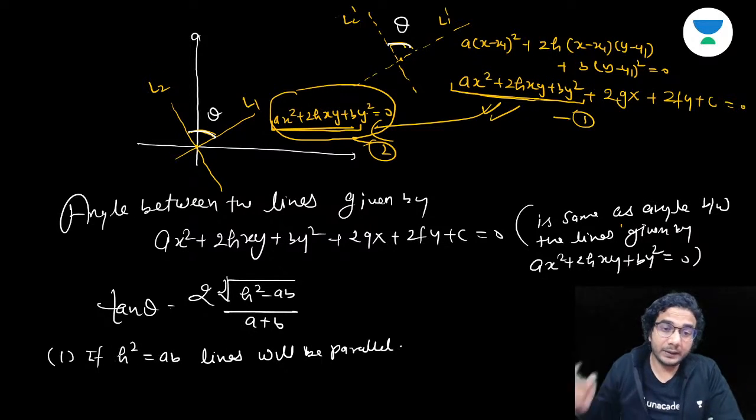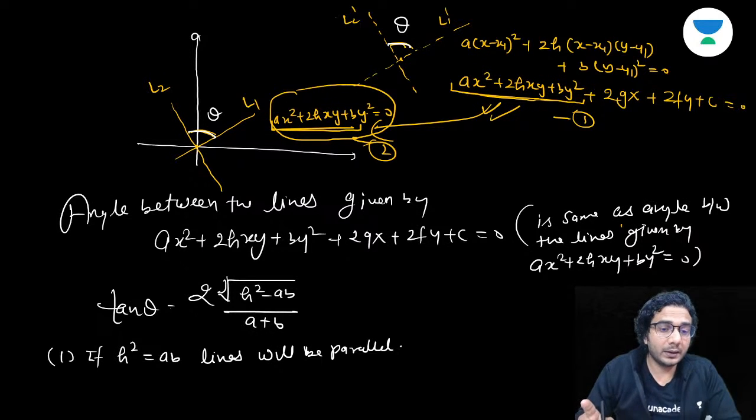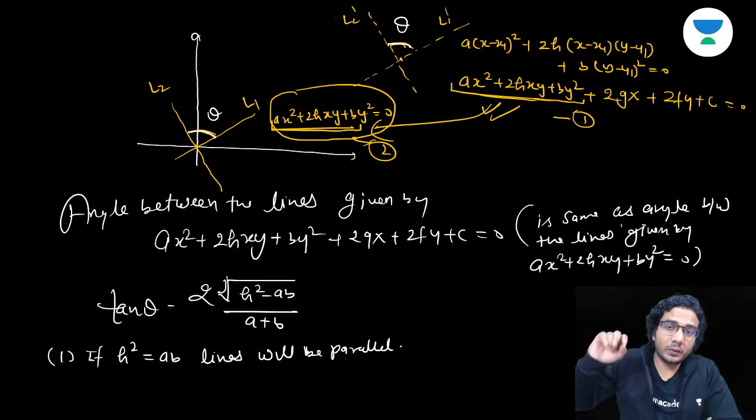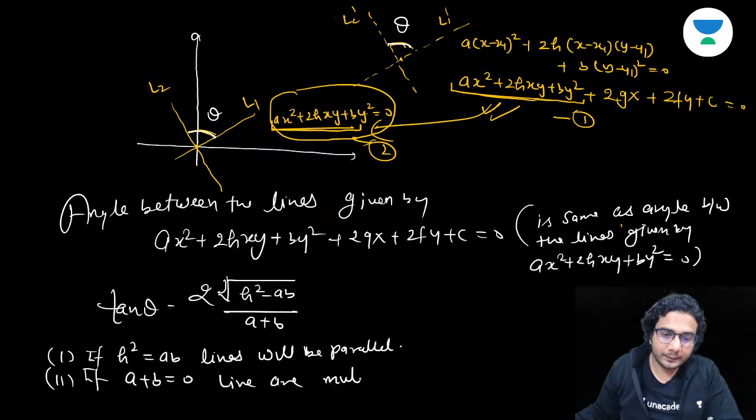But in the first case, because they both were passing through origin, they should have been coincident, right? So we have written coincident there. Now we are writing parallel. Second part, if a plus b is equal to 0, then lines are mutually perpendicular. Mutually perpendicular, is that okay?